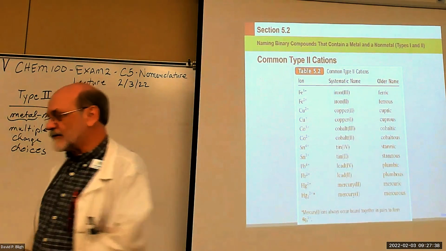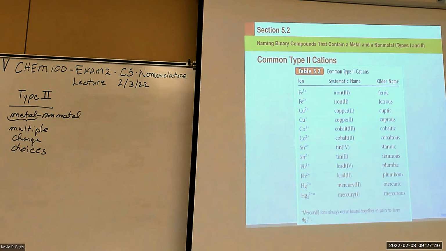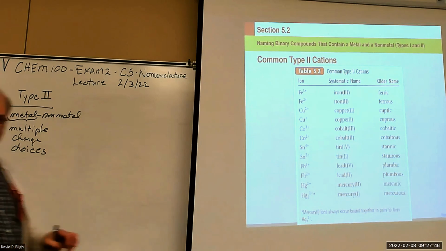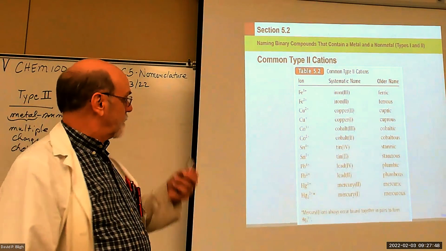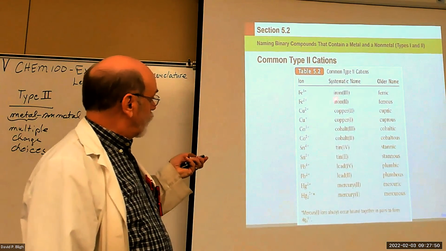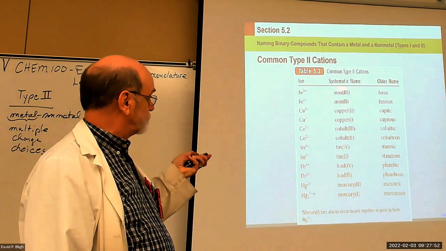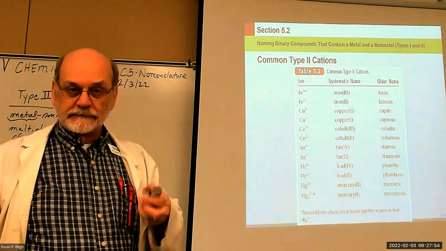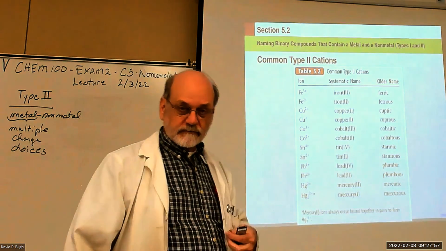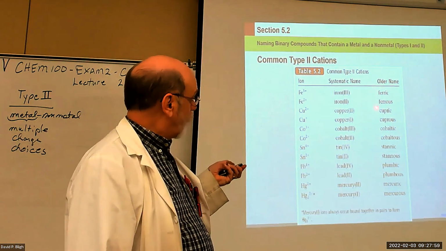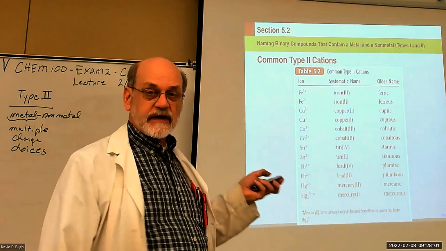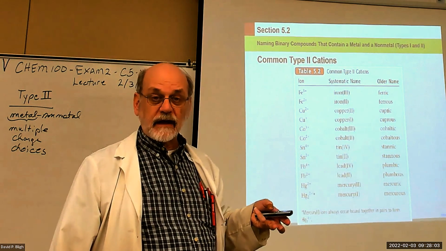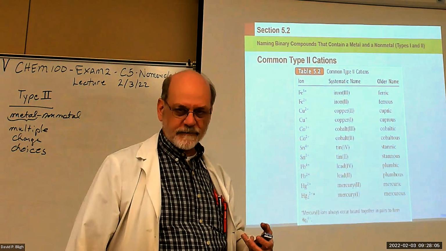Now, fortunately for you guys, the convention now is you write the systematic name this way, right? When I was a student, we had to learn this older form. Iron 3 was called ferric, and iron 2 was called ferrous.